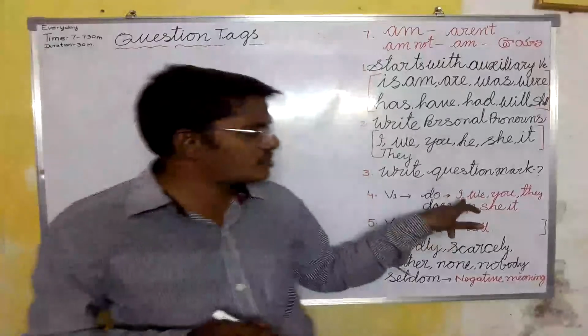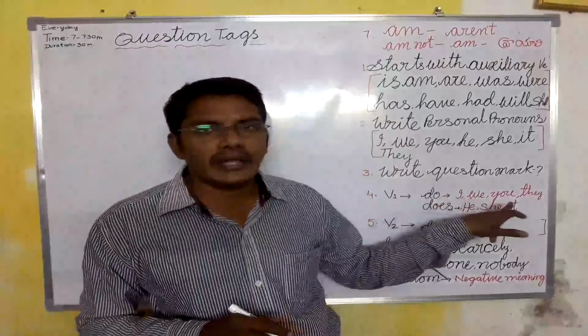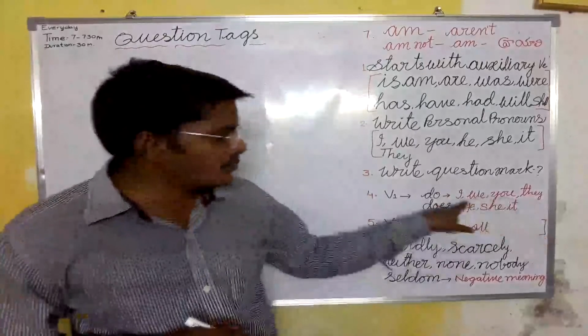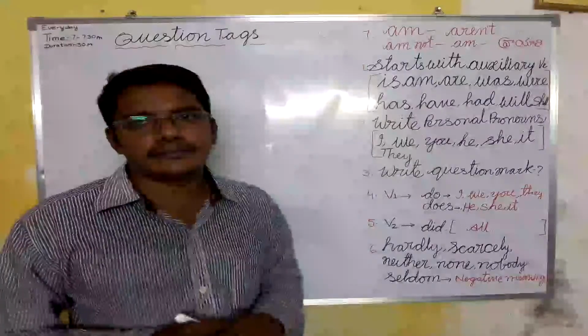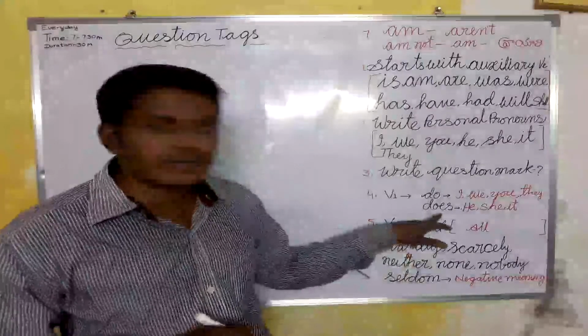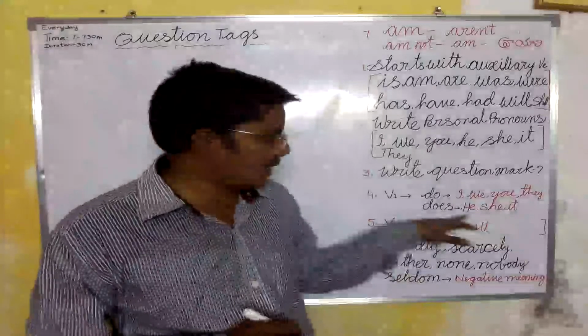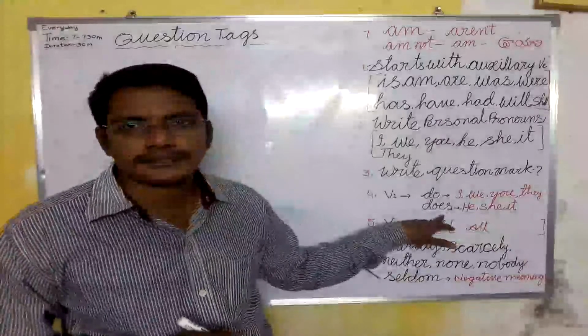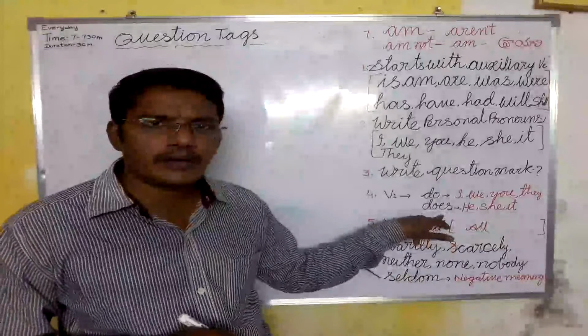If the sentence has I, we, you, they, we use do here. If the subject is he, she, it, we use does here. Are you able to follow?